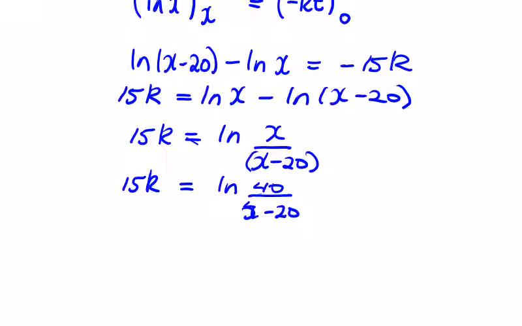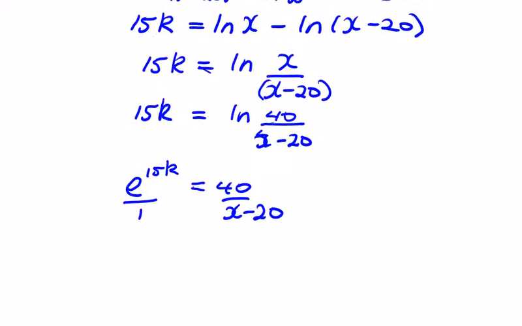These x's are obviously at the top and bottom end of the bands. So e to the power of 15k will be equal to 40 over x minus 20. Now we want x, so let's just invert these fractions. So we're going to get x minus 20 over 40 is equal to 1 over e to the power of 15k.